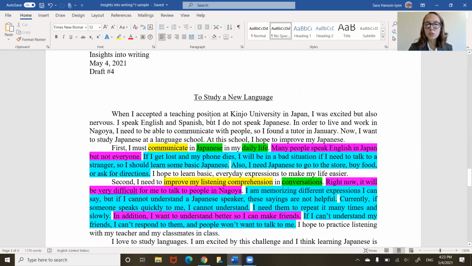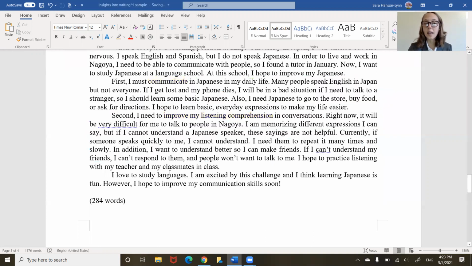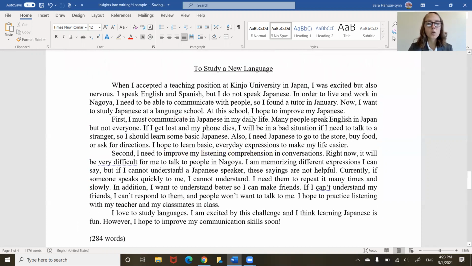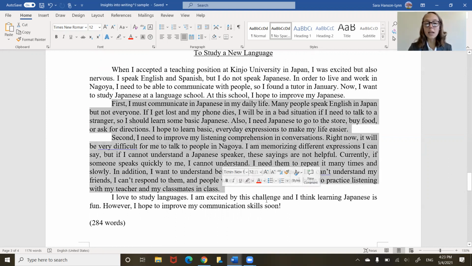And then what we're going to do in draft 4 is look at unity and coherence. So go ahead and unhighlight your essay. The first thing we're going to do is look at unity. We're looking at our body paragraphs, paragraph 2, paragraph 3, with our ideas. I want you to think, what is my paragraph about?